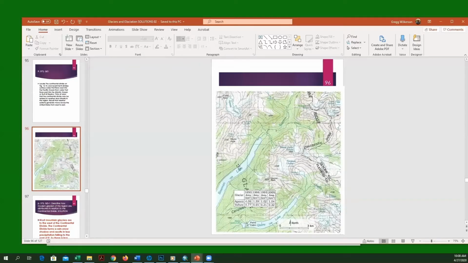And when it goes up, it cools down. When it cools down, it rains or snows. The Continental Divide is the high point of the middle of the continent. You get on the Continental Divide, you're going to go downhill to the east and downhill to the west. So what we have here is a huge climatic example of a rain shadow.